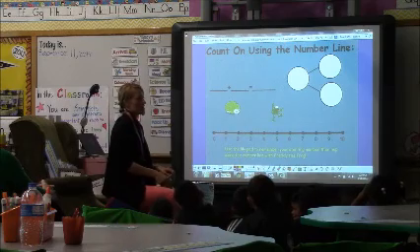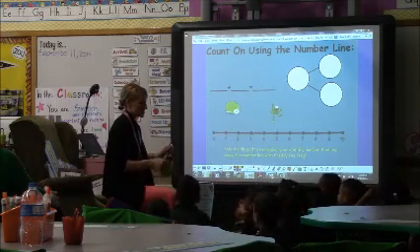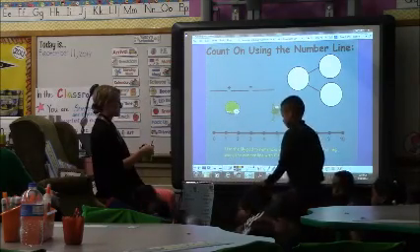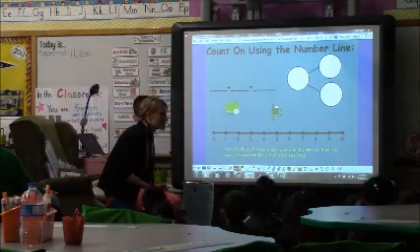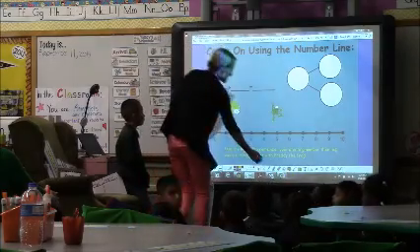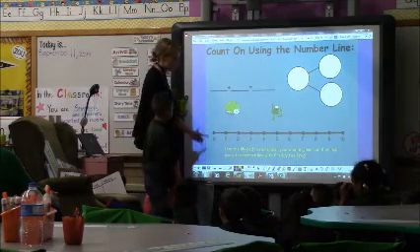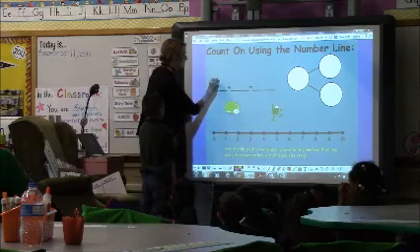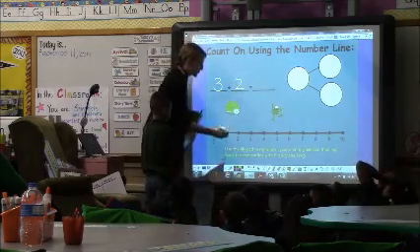So I'm going to pick a friend to help me with my number line. Come on up, Nettie. So first, Miss Adams is going to write an addition sentence on the board. The addition sentence he's going to solve for us using the number line is 3 plus 2.